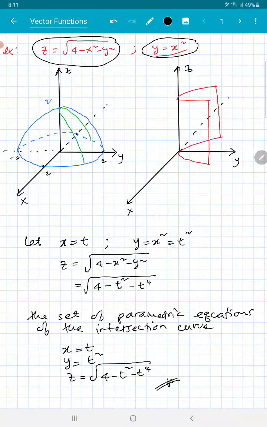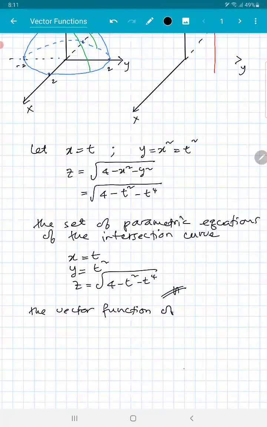And we can also represent the intersection curve using a vector valued function. So the vector valued function, or for short just vector function, of the intersection curve between the two surfaces is, let's call it R. Remember, for a vector valued function we have the x component, the y component, and the z component.